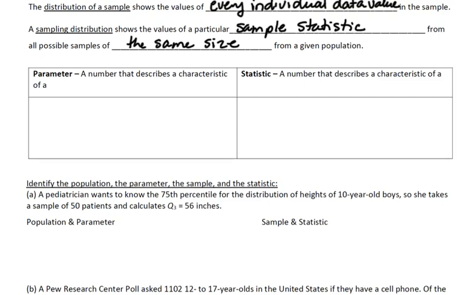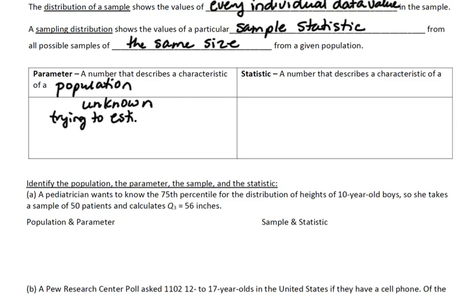A parameter is a number that describes a characteristic of a population. This number is unknown. If it wasn't unknown, we wouldn't be trying to estimate it. Most of the time, populations are large enough and complicated enough that we can't possibly get every data value from the population. So we have to use a sample to estimate it.